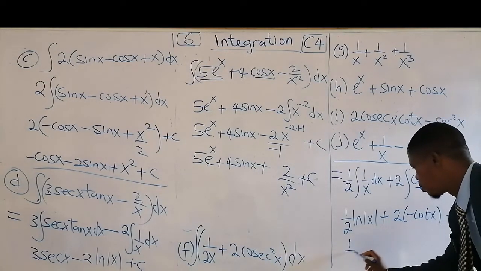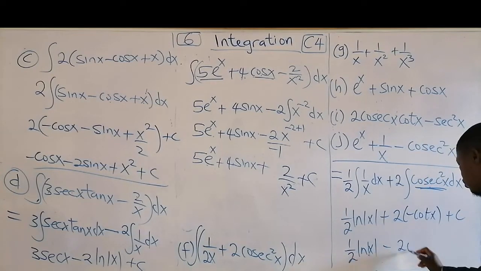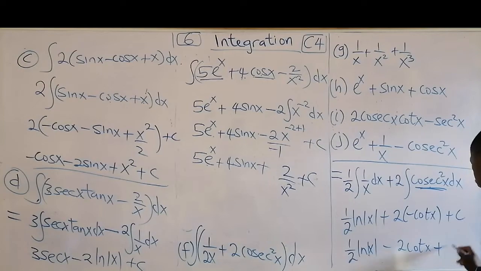So that will be equal to the final answer. This is the final answer: 2 cos x plus c.